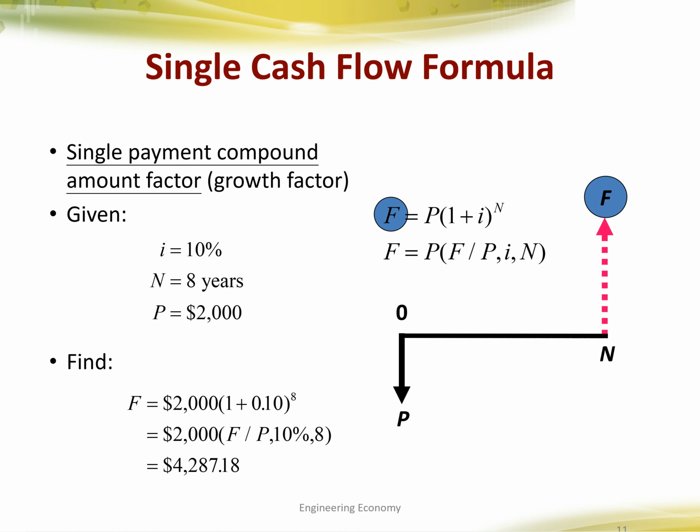So from present to future, we have seen this. That is, we will use P as a present value times 1 plus i to the nth power. Okay, and that will give us F.